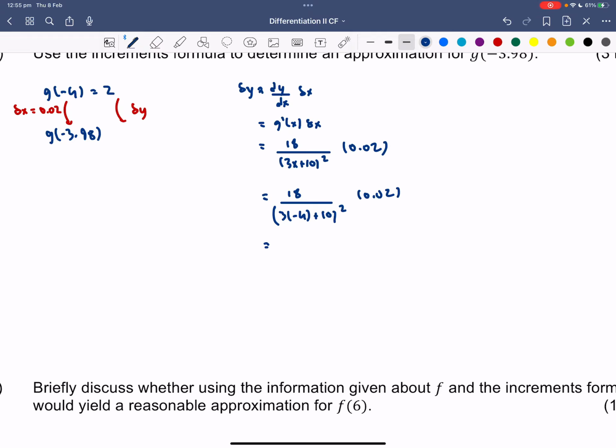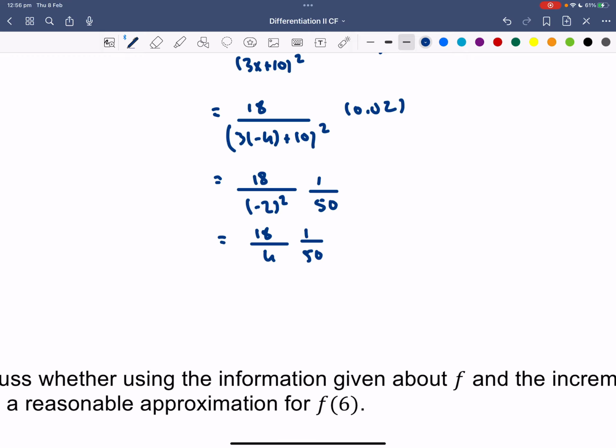All right, equals. Okay, so 3 times negative 4 is negative 12. Negative 12 plus 10 is negative 2. And instead of writing 0.02, I think it's just going to be easier if I write 1 on 50. So we have 18 divided by negative 2 squared, which is 4, times 1 on 50.